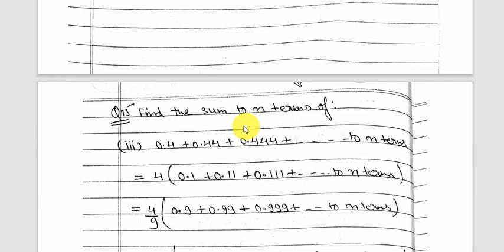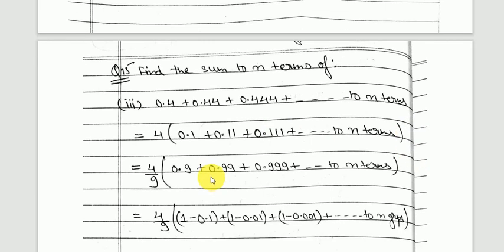Question number 15, find the sum to n terms of this. In this case also, this is neither in GP nor in AP, but for each term 4 is common, so 4 comes out. Then we are left with 0.1 plus 0.11 plus 0.111 to n terms.